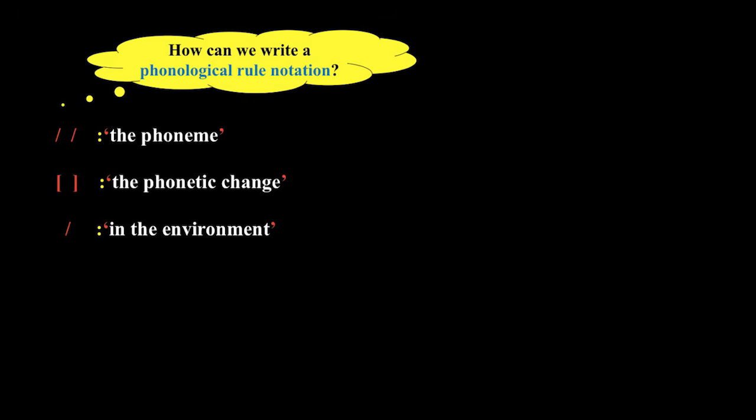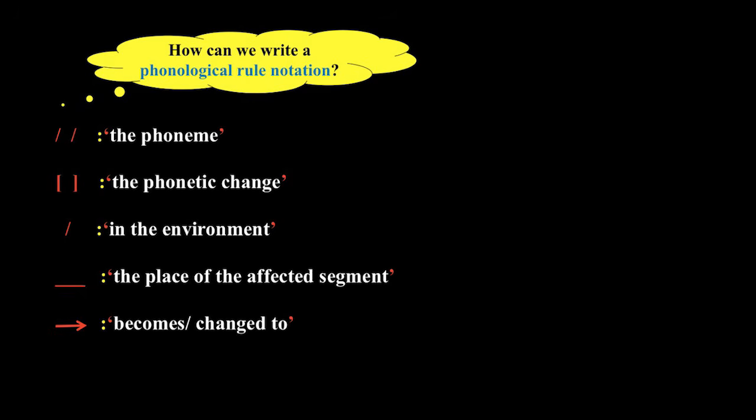or when or whenever. And we use the long dash to refer to the environment where exactly that phoneme is affected. That's exactly the place of the affected segment. And we use also in the phonological rule notation an arrow, which means it becomes, changed to, pronounced, realized.